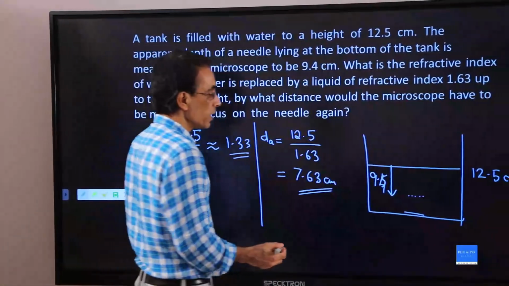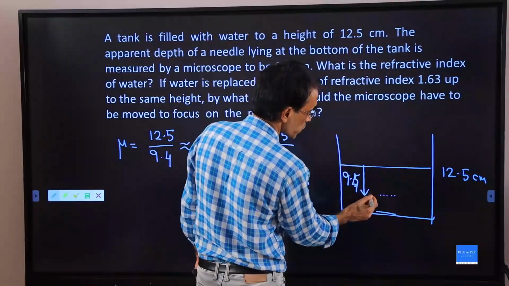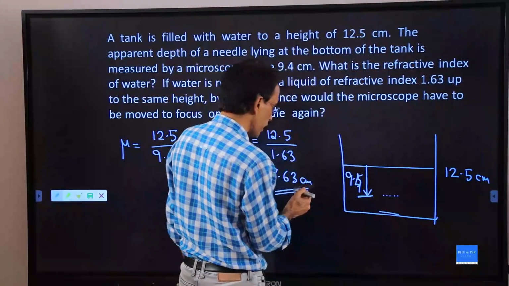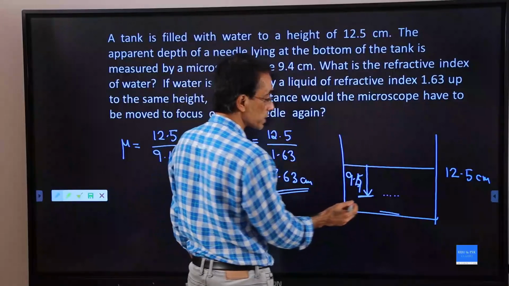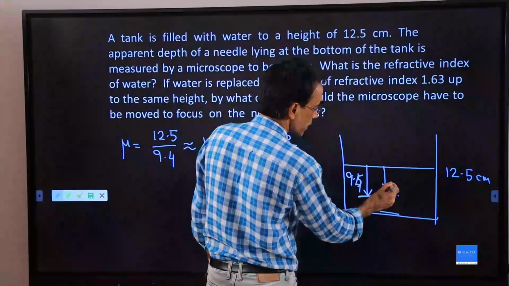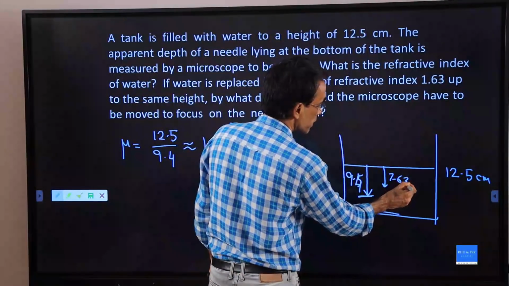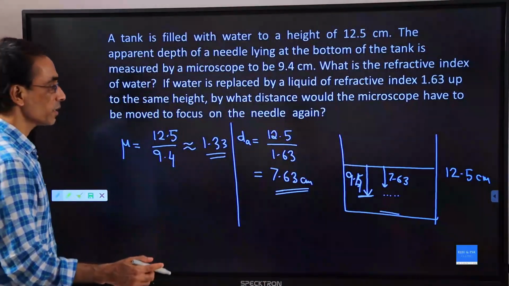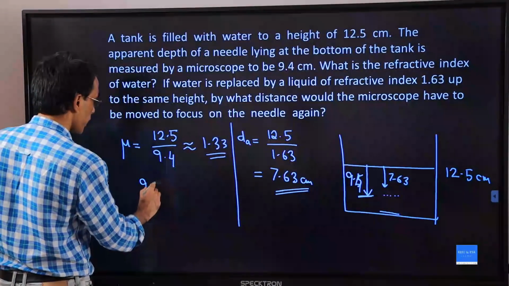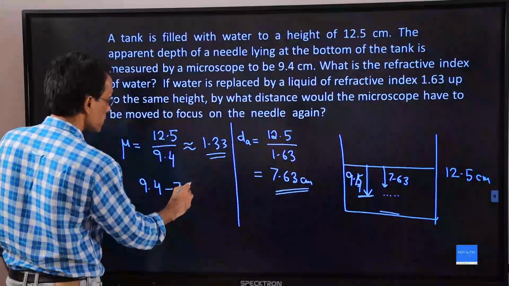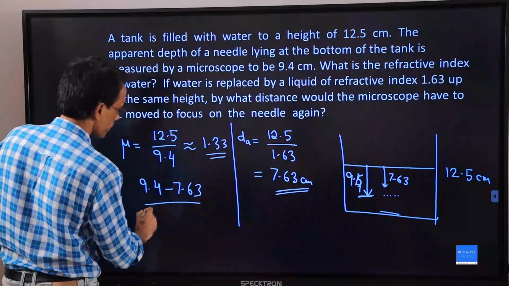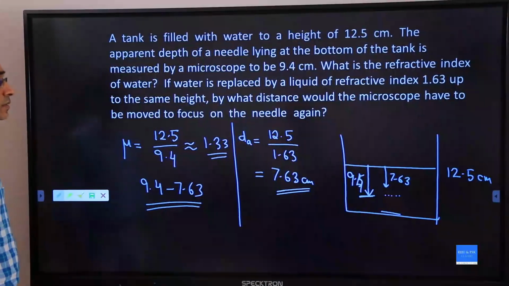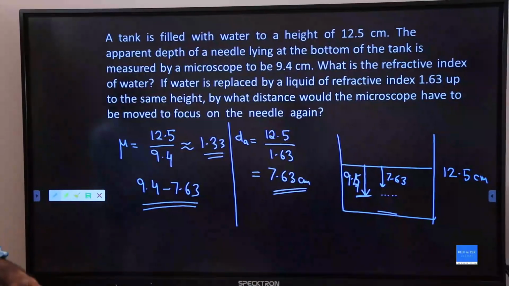That means initially the microscope was focused to this level, but the needle now appears at 7.63. That means shorter than this. So the microscope should be adjusted by a distance of 9.4 minus 7.63. That is the answer.